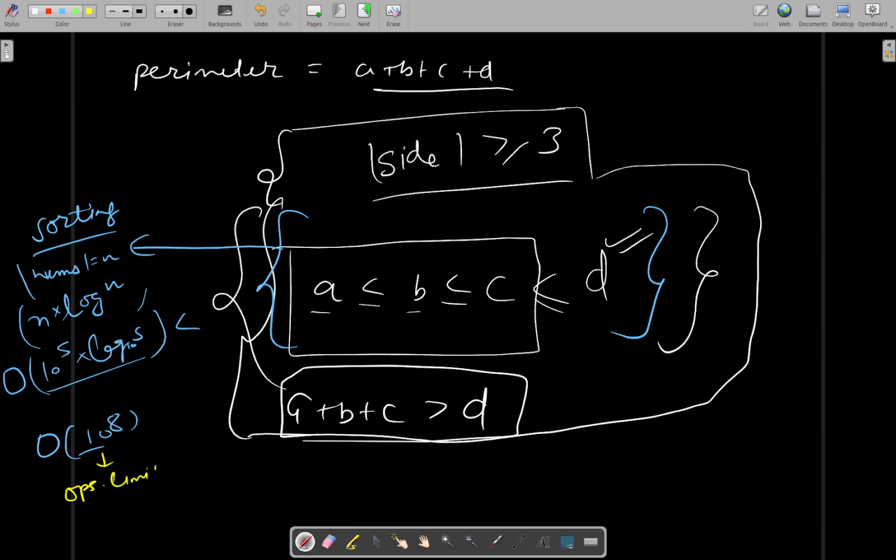If the number of operations that your program will be requiring to solve a particular problem is less than this limit, then your solution will be getting accepted. So this condition is satisfied. You can consider it satisfied as of now, since sorting will be taking care of that.